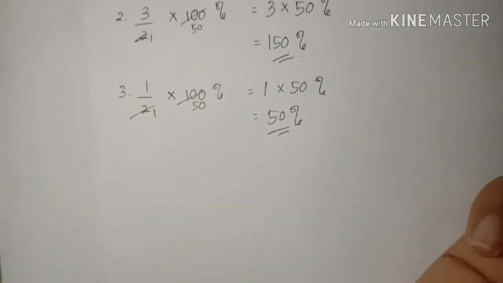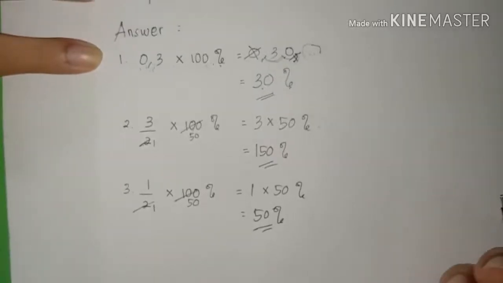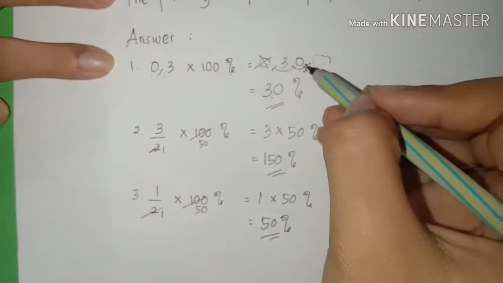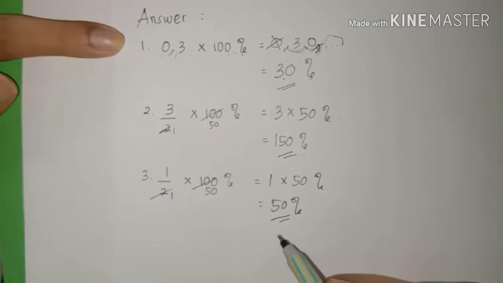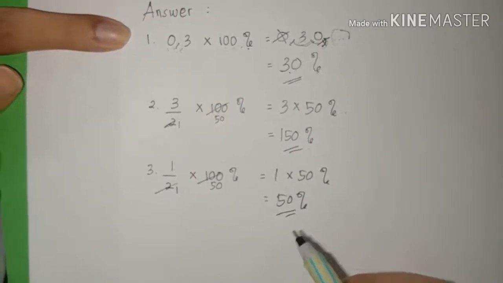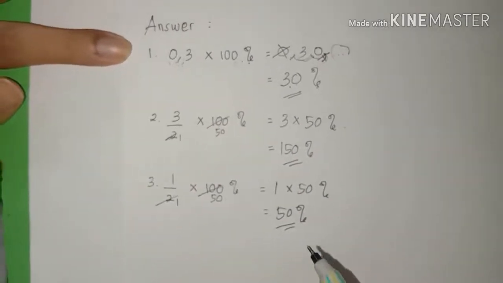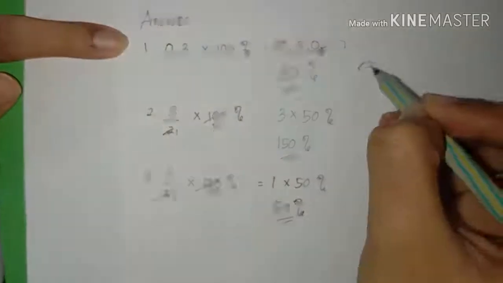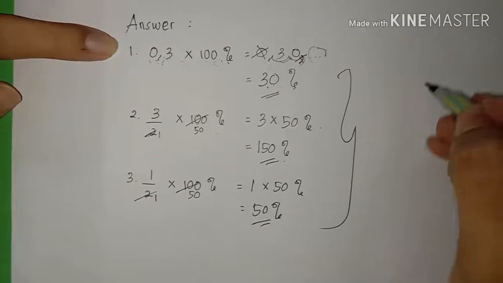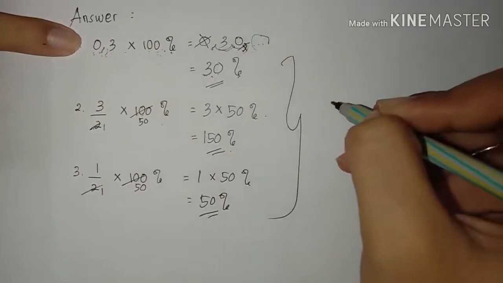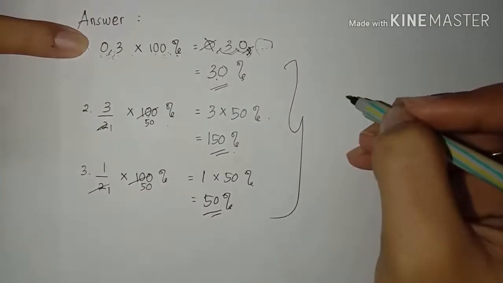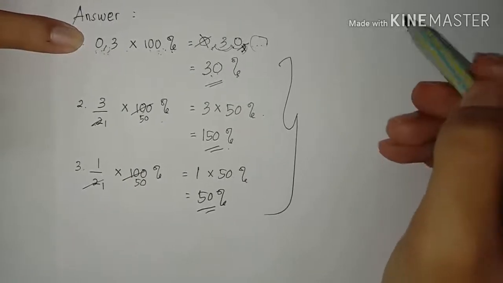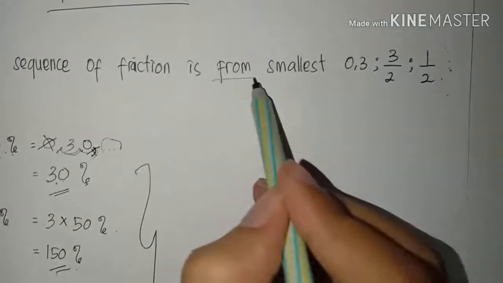So we can arrange, because all of the patterns can already change become percent. Now we can arrange from smallest, because the question is from smallest.